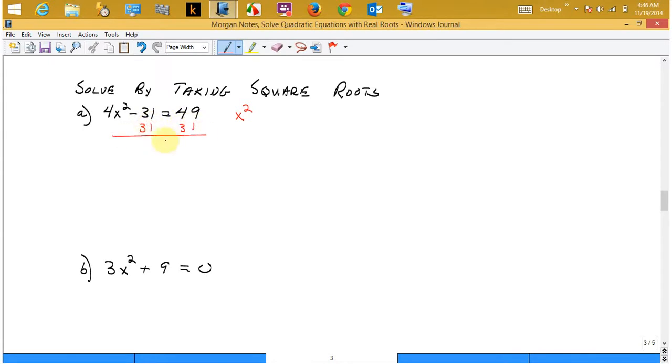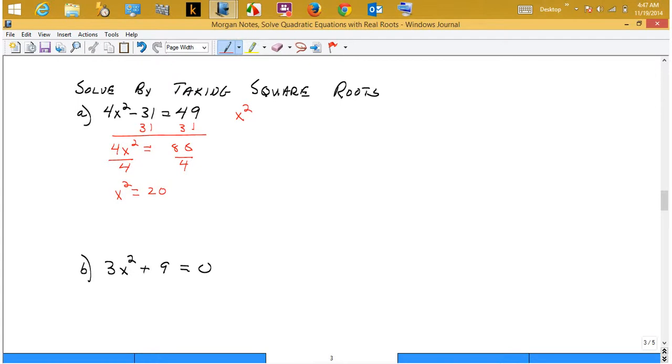So I'm going to get 4x squared is equal to 80. Now I'm going to divide both sides by 4. So I have x squared is equal to 20.